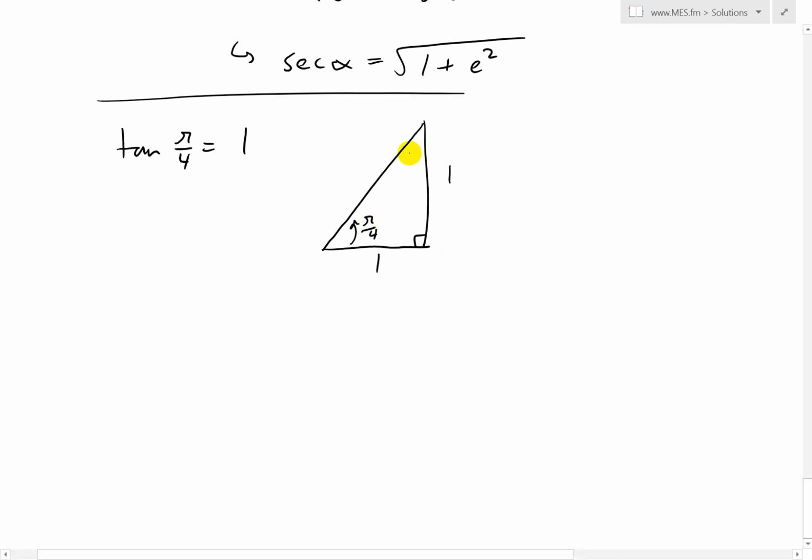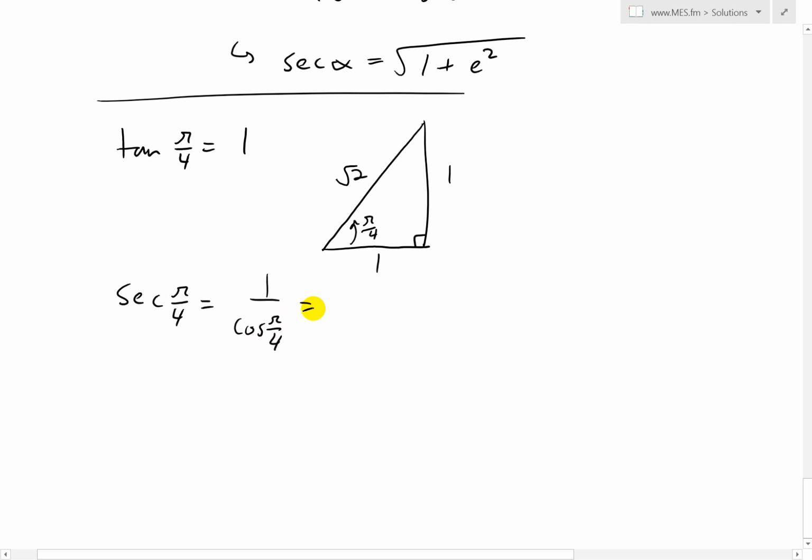So if you use the Pythagorean Theorem, right here is just square root 2, since it's the square root of 1 squared plus 1 squared. And what we know is that secant pi over 4 is equal to, well, secant is by definition 1 over cosine pi over 4.